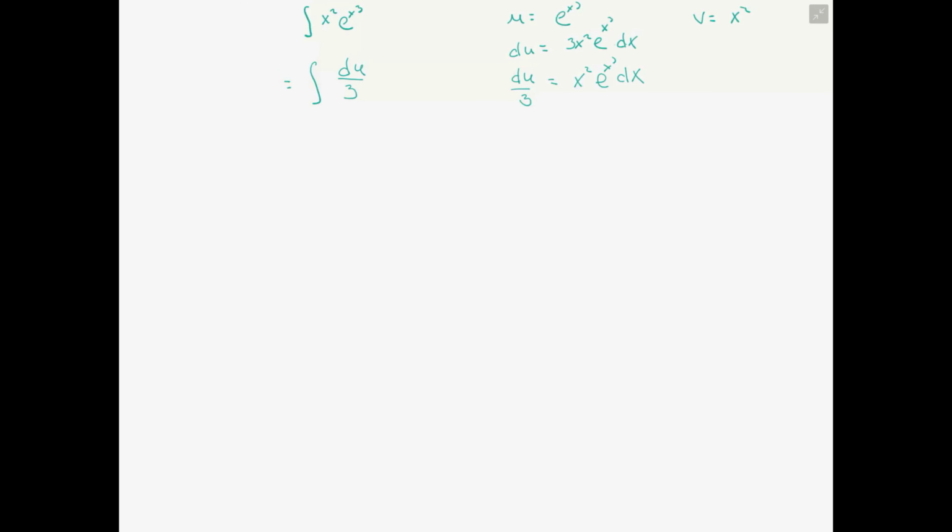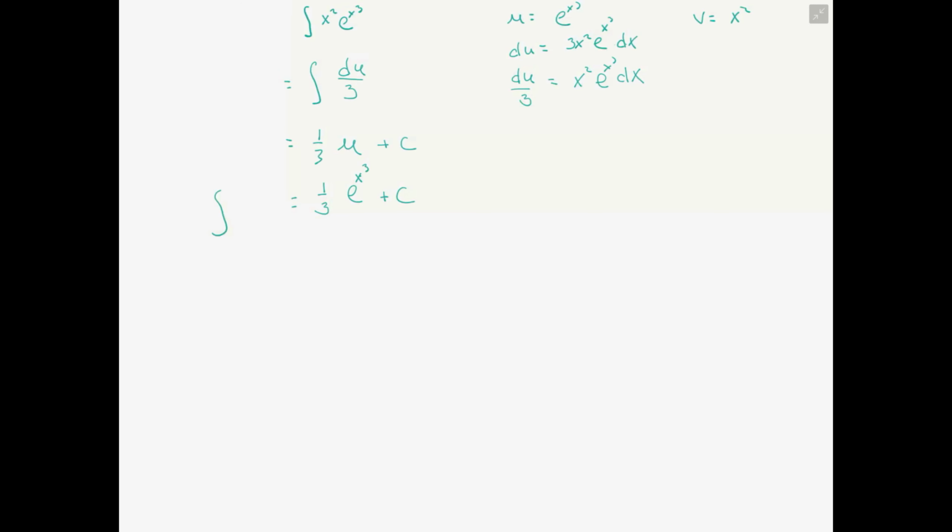It looked like a tremendously complicated integral, but it wasn't complicated in the slightest bit. It's simply 1/3 u plus c, and now we take our substitute out. We've got u equals e to the x cubed, so 1/3 e to the x cubed plus c, and that's our answer.